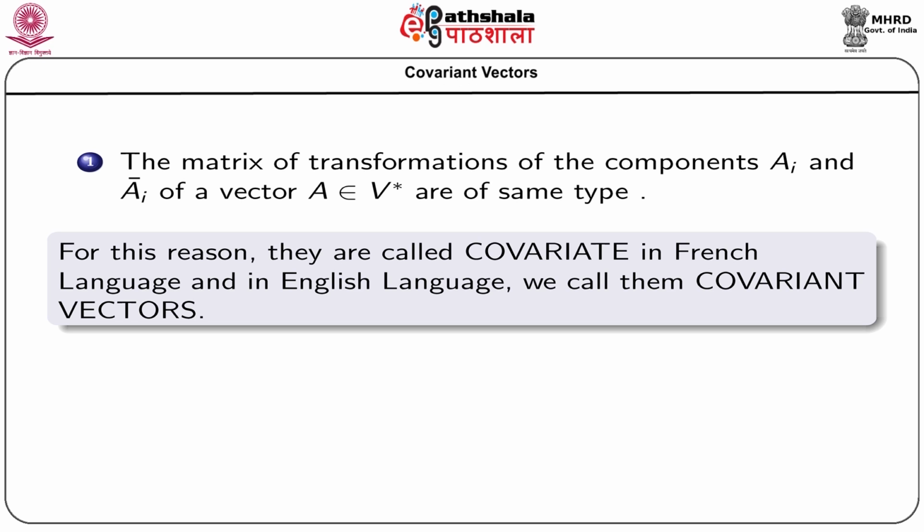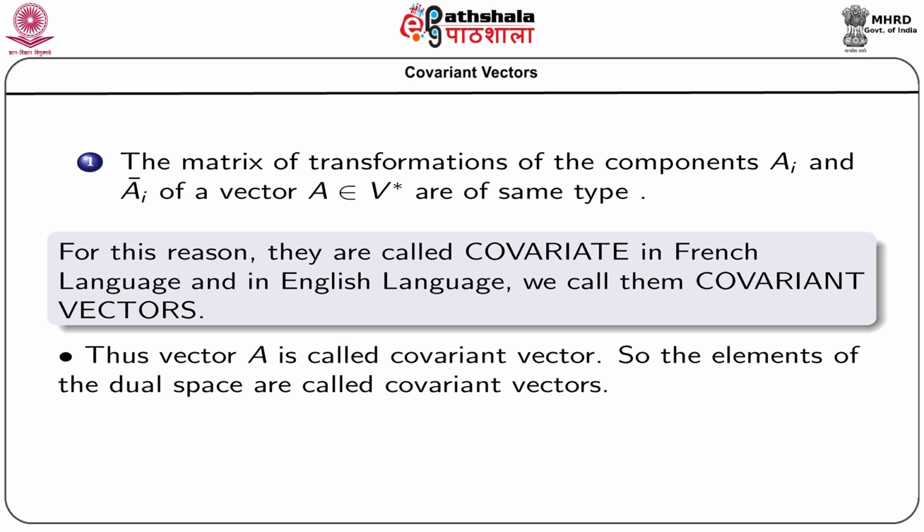For this reason, they are called covariant in the French language, and in the English language we call them covariant vectors. Thus, vector A is called a covariant vector. So, the elements of the dual space are called covariant vectors.